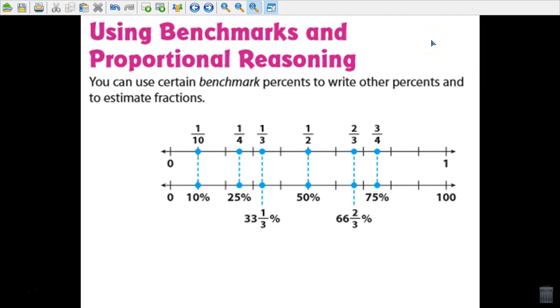Using benchmarks and proportional reasoning. You can use certain benchmark percents to write other percents and to estimate fractions. So benchmark percents are basically just the common fractions. So I'm just going to throw in 1/8 over here.